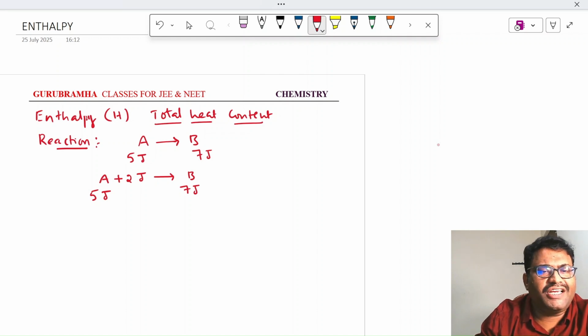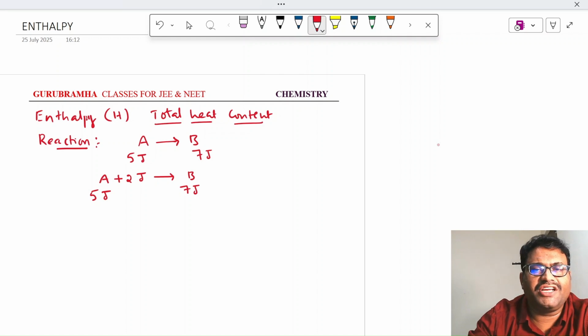Now, in the reaction, when reactants are converted into products, there is some change in the heat content. That change in the heat content is called enthalpy of the reaction, or change in enthalpy.